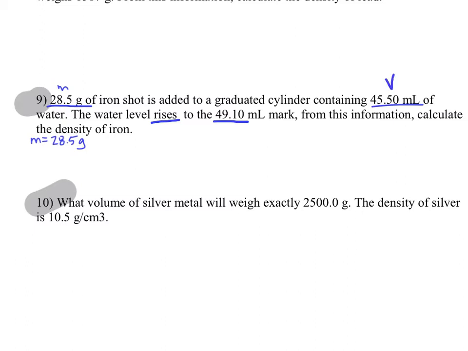So this is measuring volume, this is measuring volume. So if you are trying to measure the density of something that is irregularly shaped, something you cannot just measure the volume of using a ruler, measuring length times width times height, then typically water displacement helps you find that volume. So in this case, the metal shot pieces are too small to measure with your ruler.